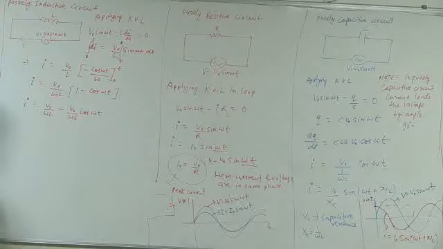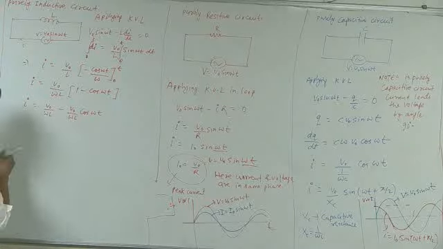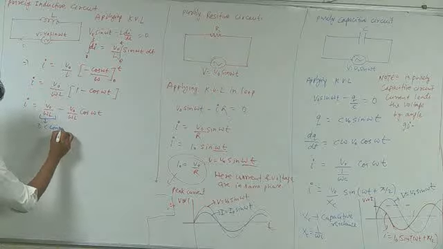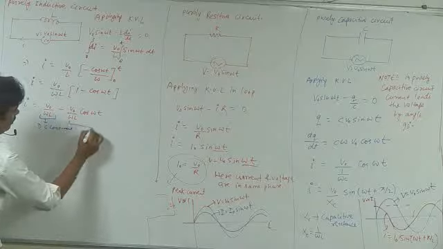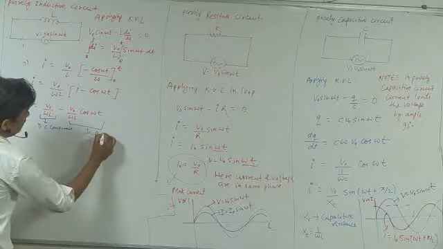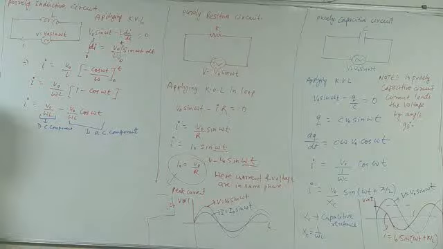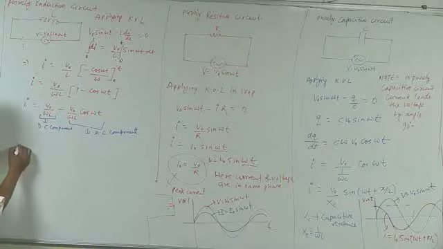So here you can see that we have this component, which is your DC component because it is constant, and this is your AC component. Which component are we studying right now? The AC component. So I AC is how much here?